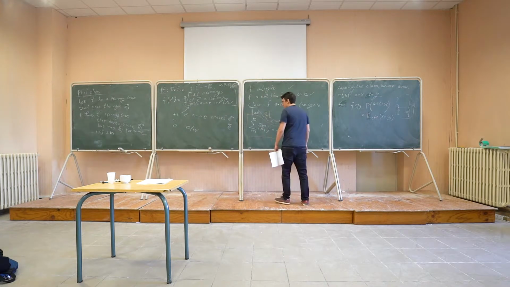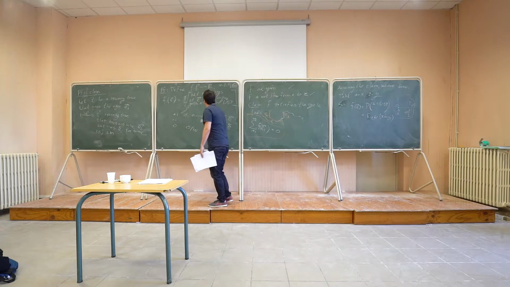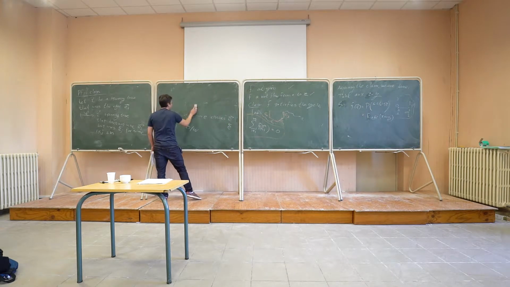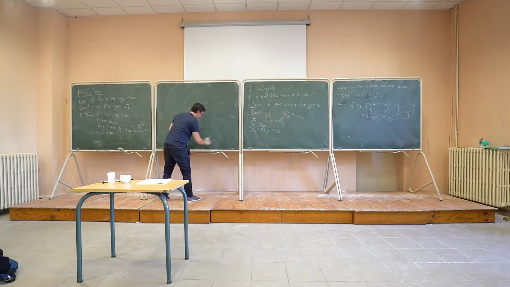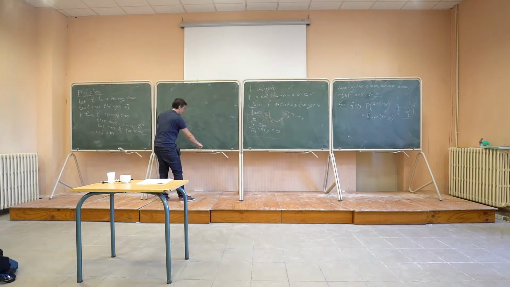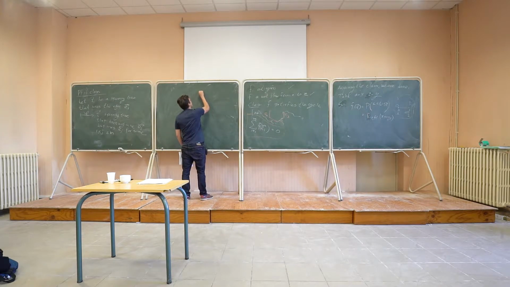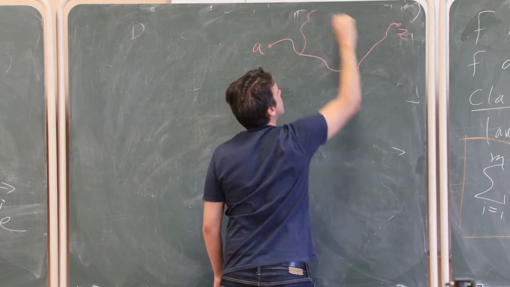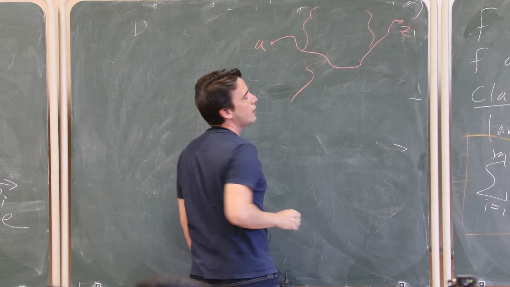So what is the transformation? So let's draw the tree T. We'll draw it in pink, say. Right, this is A, and this is Z, and perhaps there's stuff here, right?